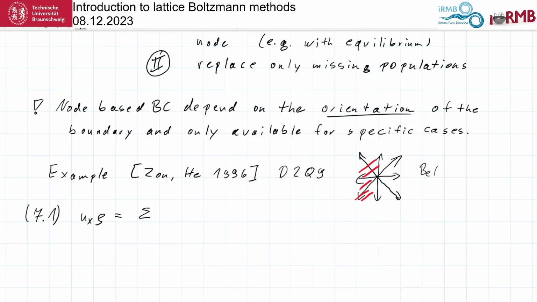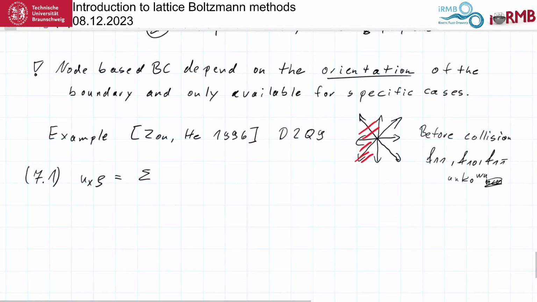So before collision, the populations f11, f10, and f1 minus 1 are unknown. Unknown. You write it yourself.